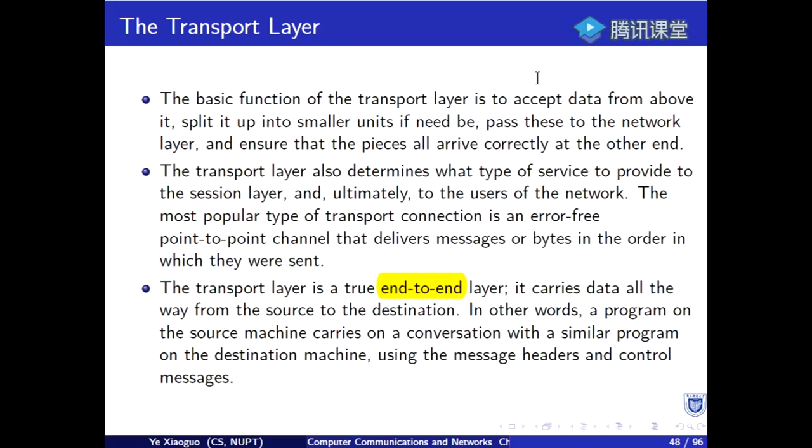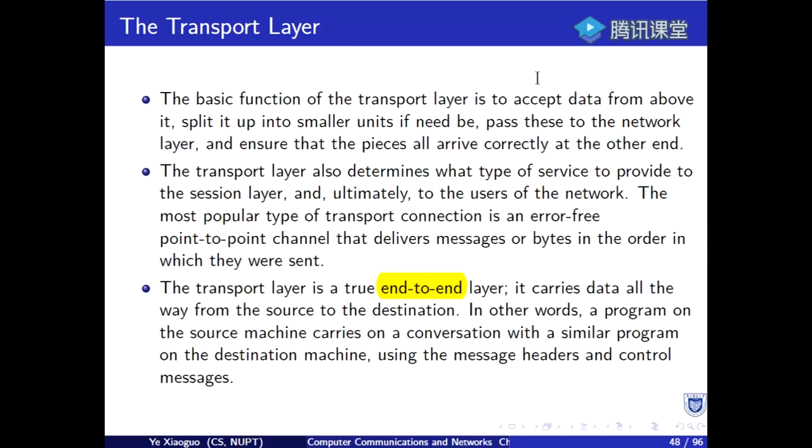So it should split the data block into smaller units if needed. Then pass these units to the network layer, right? The network layer is the layer below the transport layer, and ensure that the pieces all arrive correctly at the other end.